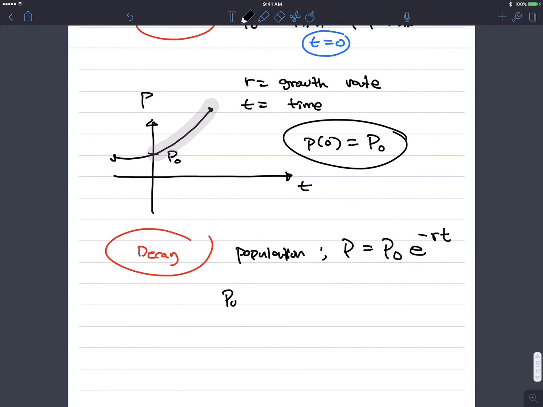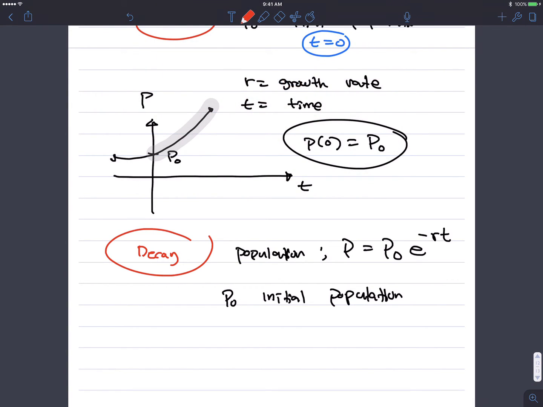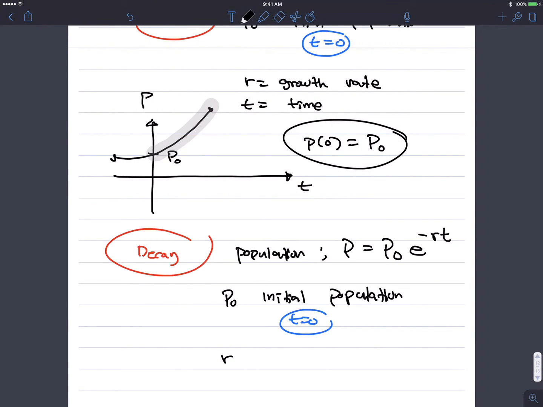P naught is still the initial population when time is 0. We're going to see how that works for us. T is 0. And R is the decay rate, our decline rate. T is time. I want to point out the difference, though. What's the major difference? That sign right there is negative.